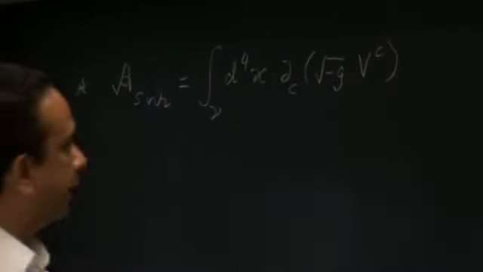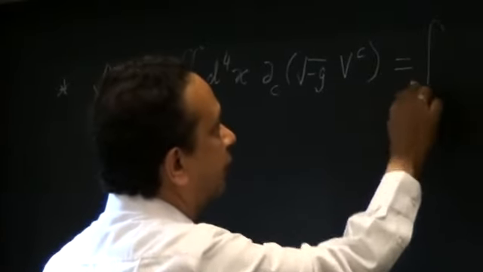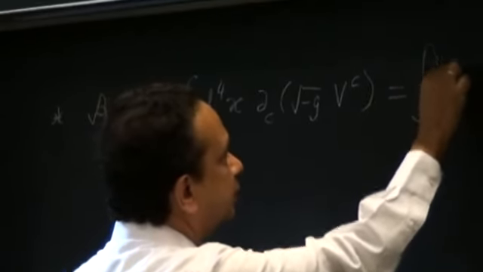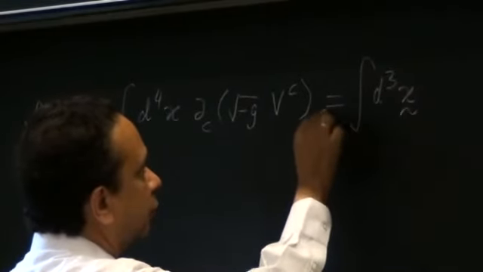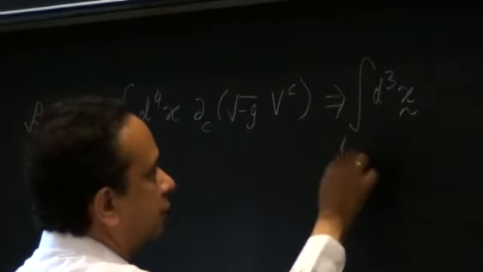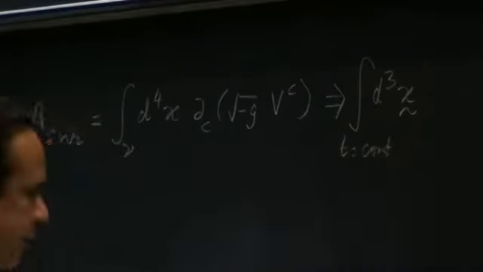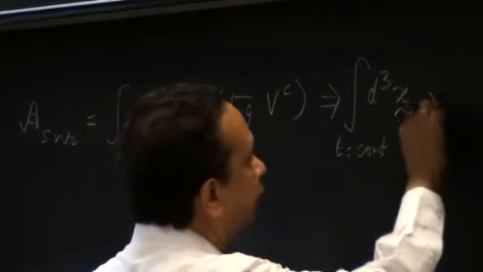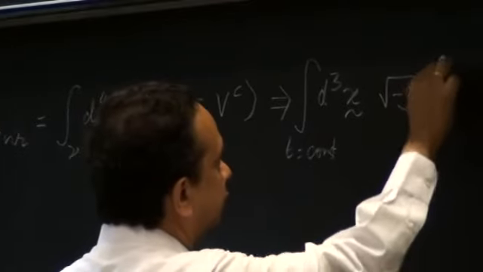This gives me, when I confine myself to a t equals constant surface, integral d3x, on this t equals constant surface, d3x root minus g times capital V0.